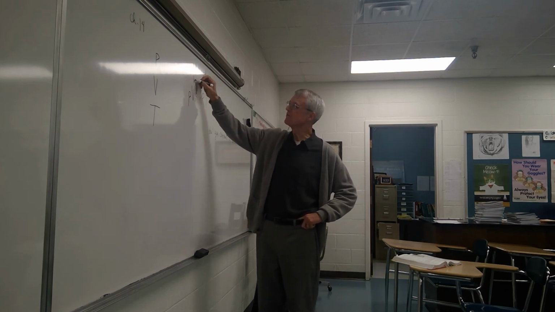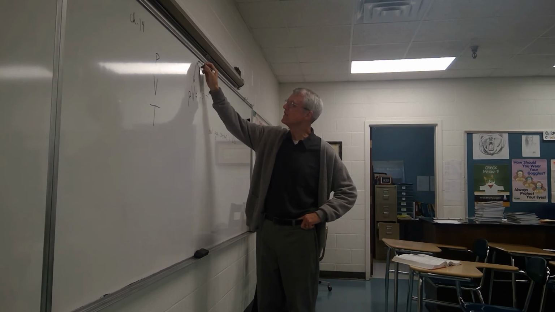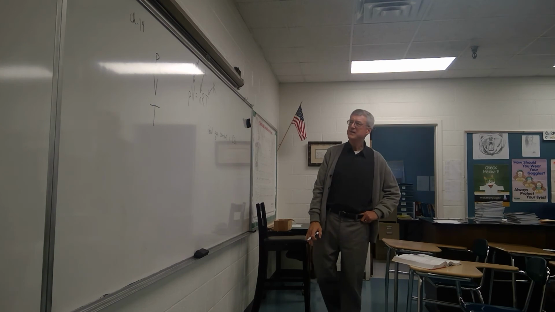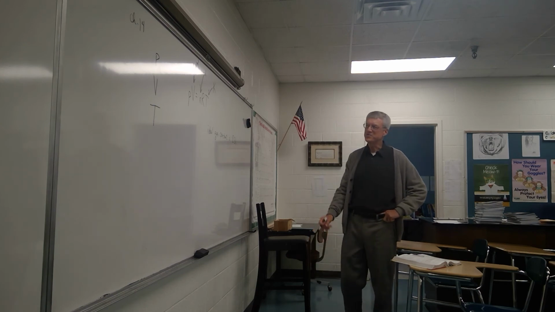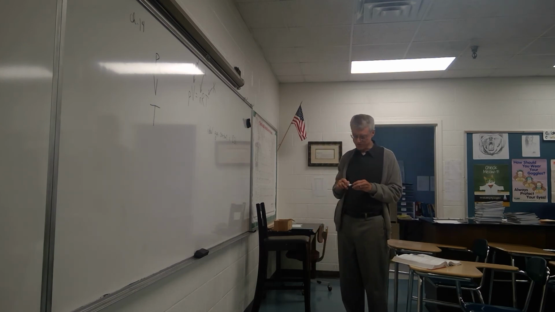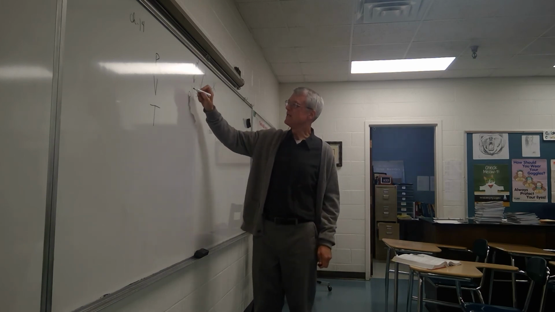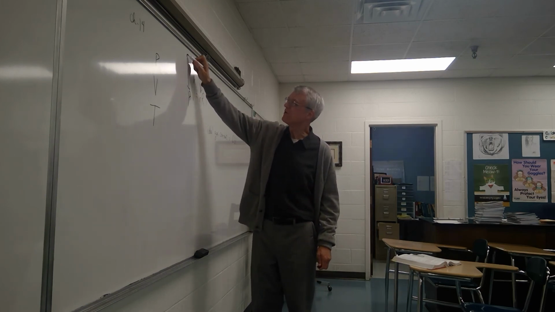V, the SI unit for volume, is cubic meters, and everything in physics uses SI units. So remember that, and we use that same equation in chemistry, but we use different units. However, in this class, everything's SI. So the volume has to be in cubic meters, and the pressure has to be in pascals.